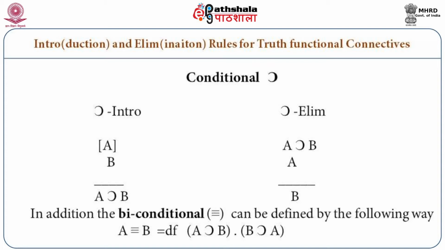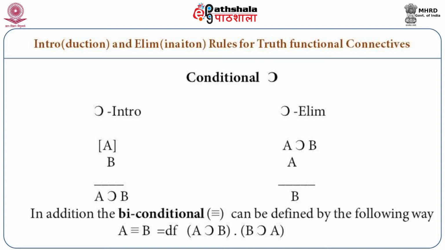Let us say that there is a thesis, that means a sentence which is true, A implies B, and another thesis, A, that is, A is true. Then given these two sentences, we can infer the truth of B.